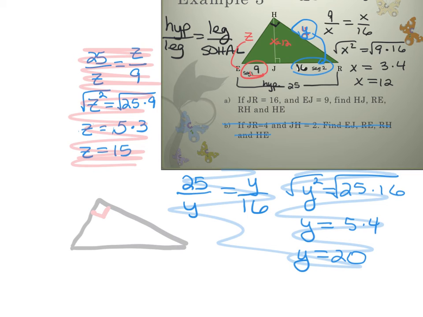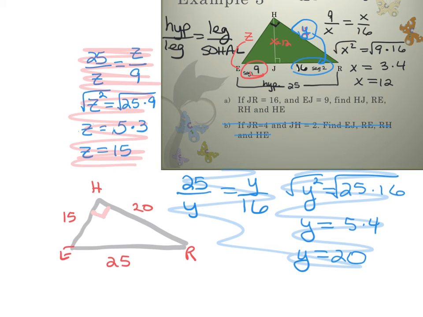And we had H, E, R. If you already found that this was 25 and you found Z to be 15, you could also do Pythagorean theorem to find this last side, which ends up being 20, if you didn't want to use the proportion. Or if you have time ever on a test or a quiz, you could go back and do Pythagorean theorem to double check your answer.